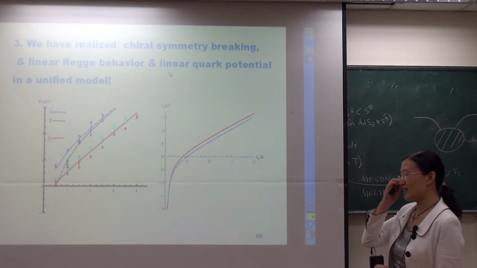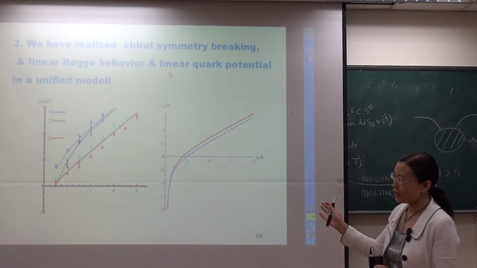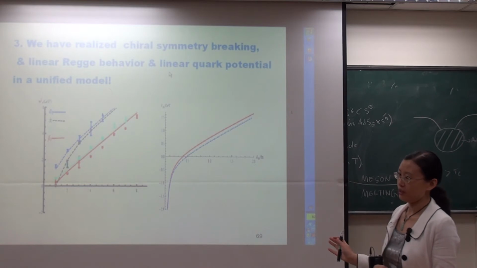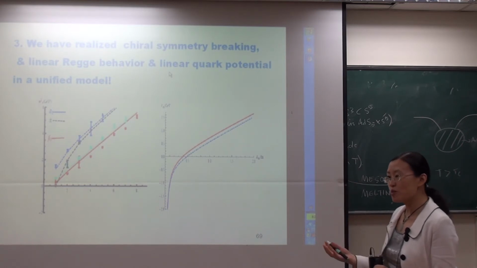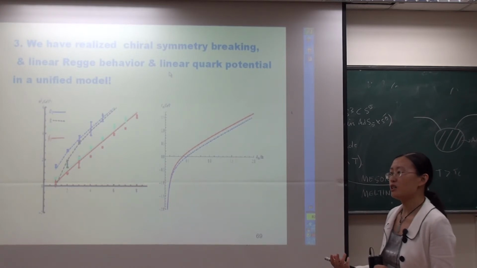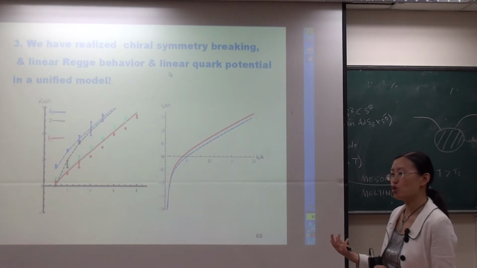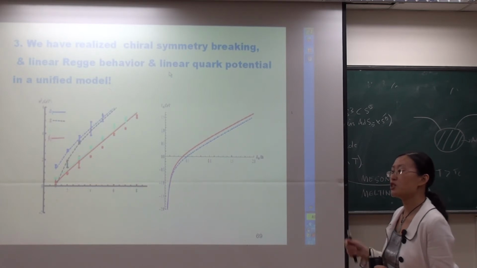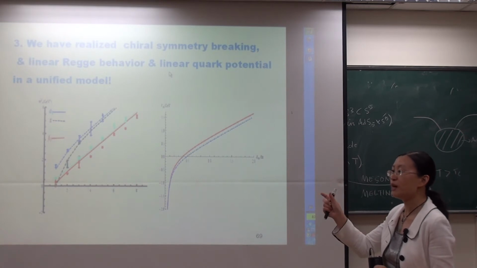The only thing we did is that we solved this system completely. So we did the complete calculations and we get everything correct. So this means that the KKSS model is a good model, but at that time they didn't fully solve it because they took this AdS5 metric.